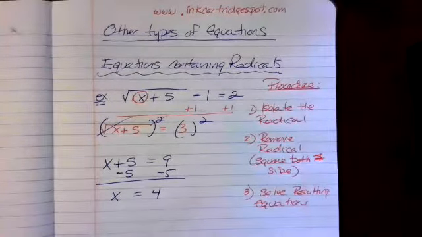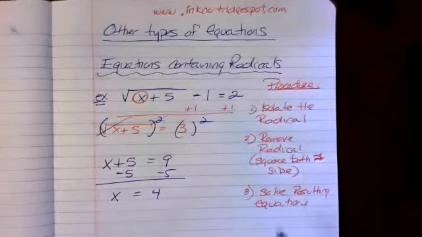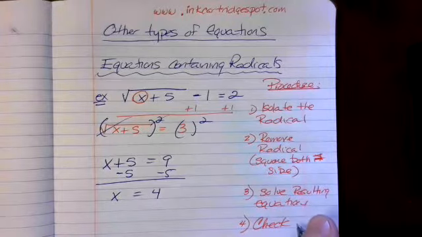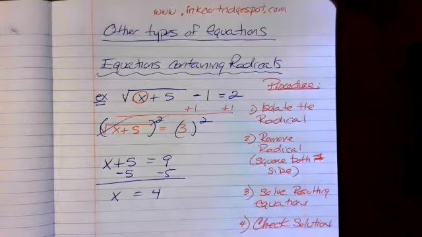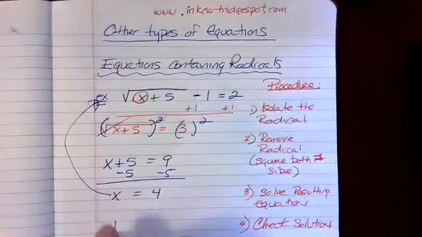Is it a solution? It's only a solution if you plug it back in and it makes a true statement. So you have to make sure that this is a solution. In this case, it's very important to check your solution. We substitute this value back into the original problem.